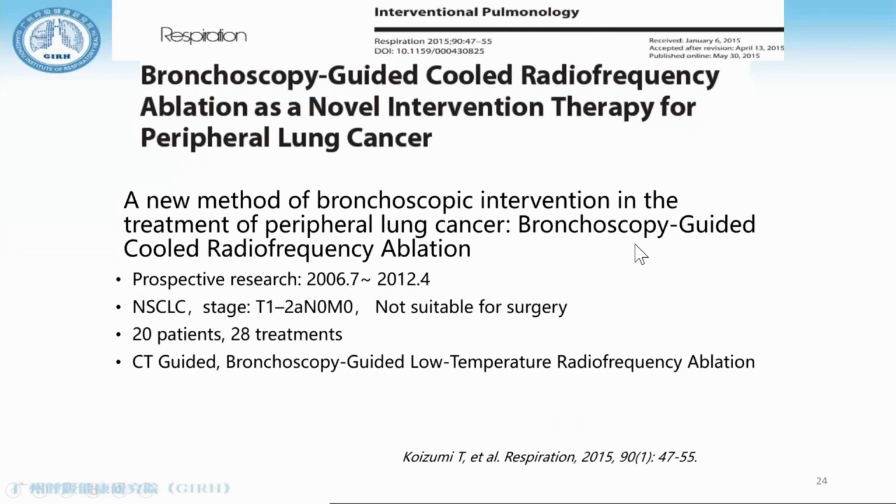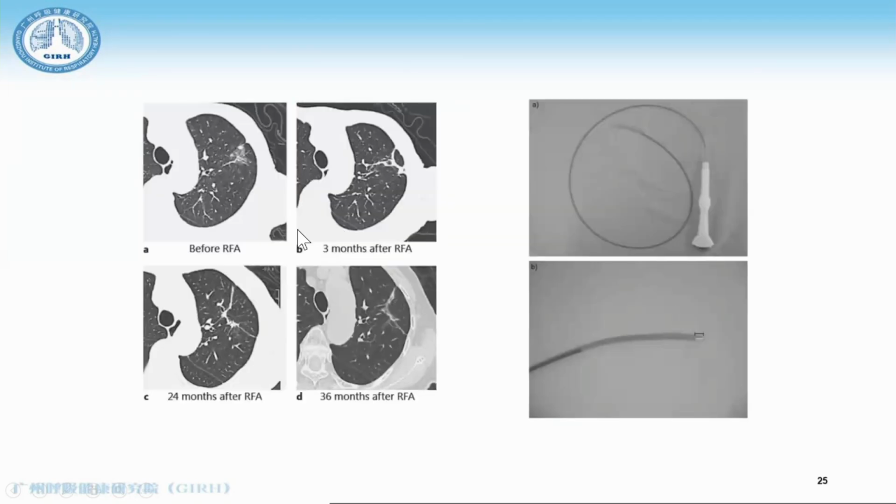In another study published by Japanese colleagues in 2015, also under CT guidance, cooled radio frequency ablation was used. A total of 20 patients were included and 25 lesions were treated. Here is the catheter.